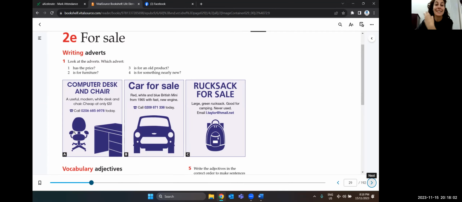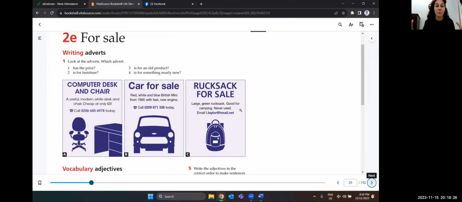So these people want to sell these objects. Let's look at the first one. Does it have a price? Yeah, we'll just pretend that says $5. The second one, no price. The third one, no price. So if you don't put the price, it means you're going to get people messaging you saying, oh, how much is it?